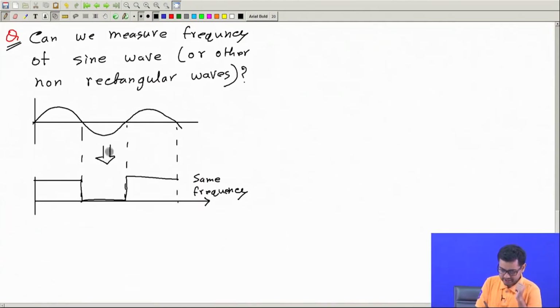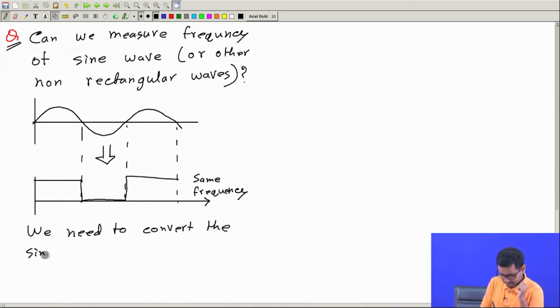So, now the question is how to convert a sine wave into a rectangular wave with the same frequency.